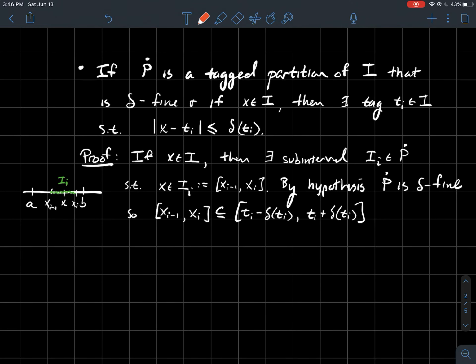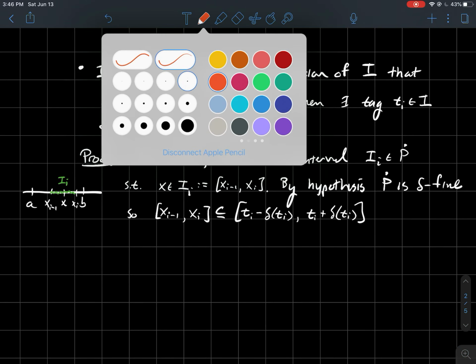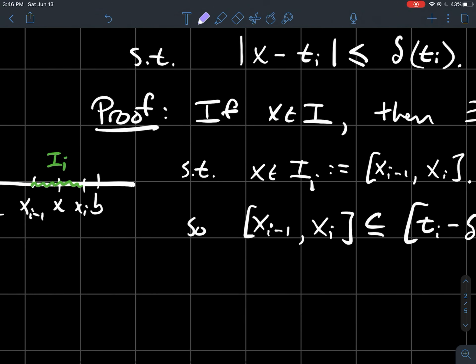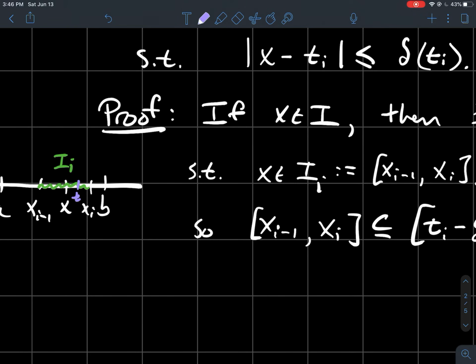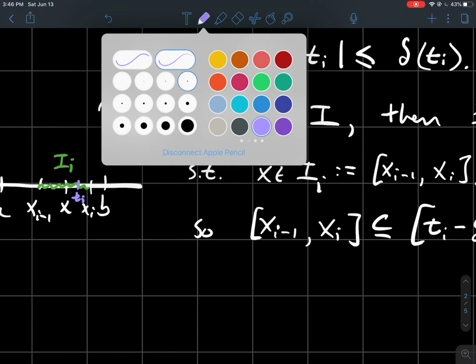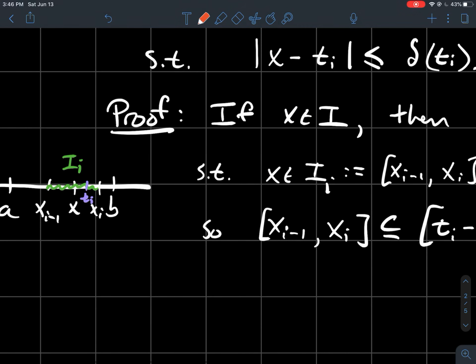So therefore, remember I've got a tag partition, so for Ii here, it's got a tag. Let's say the tag is here, ti. And by the hypothesis that this is delta fine, I know that ti minus delta of ti has to be over here, and ti plus that has to be somewhere over here.